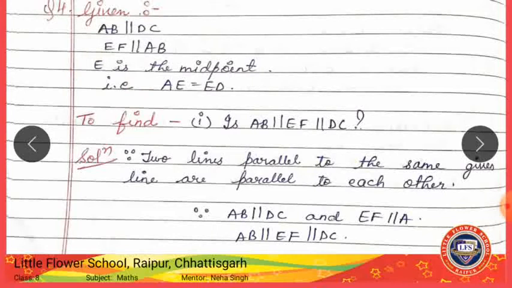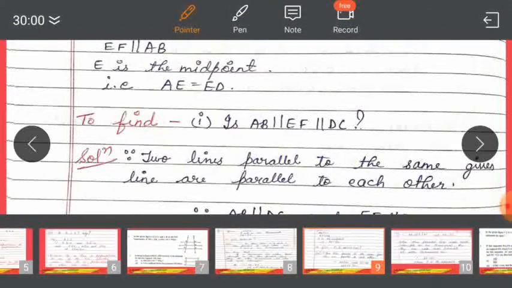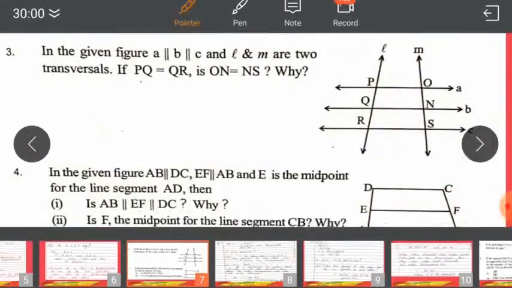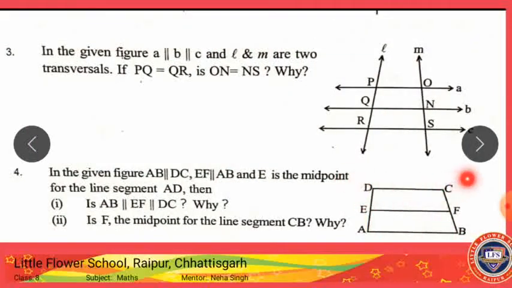Now since two lines parallel to the same given line are parallel to each other, AB is parallel to CD and EF is parallel to AB, meaning these two lines are each parallel with AB individually, which means the three lines will be parallel together.